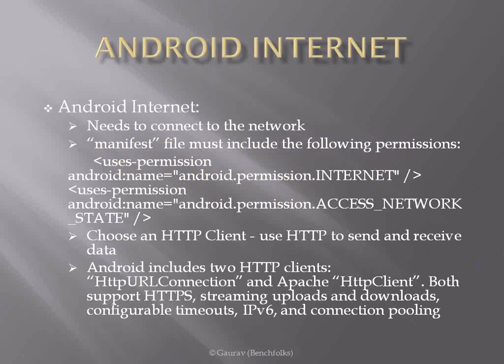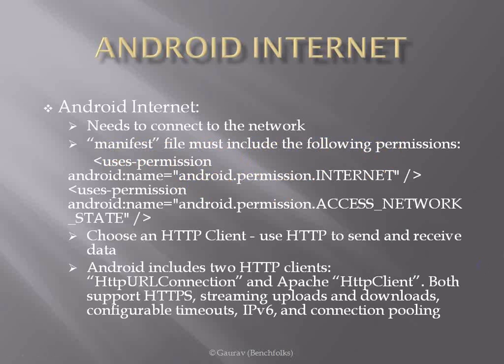For internet, we write like this: uses-permission, space, attribute with the name android:name. The uses-permission tag requires only one attribute to be mentioned, that is android:name, the actual name of the permission. The start would always be like this: android.permission. Then the last part depends on which permission you want.